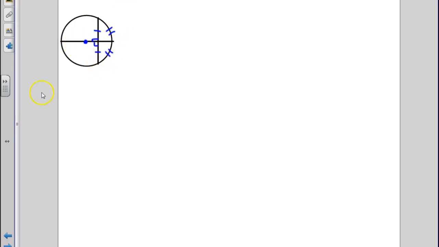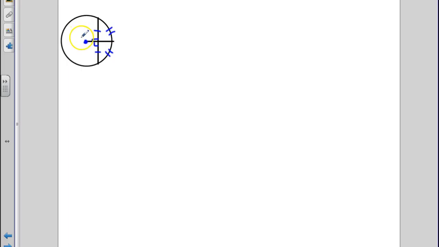Now this is also true if I have a radius. So let's say that this guy is shorter. It still bisects the chord and the arc. So cuts it into two equal pieces. All right, so that looks like this.